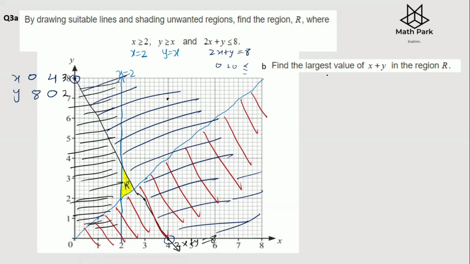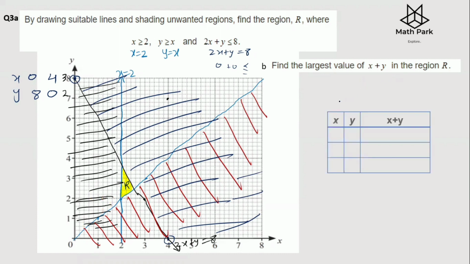Now you are asked to find the largest value of x plus y in region R. To find it, let us take the points at the corners on the boundary line, because the maximum and minimum are at the corners. The coordinates of these points are (2, 4), (2, 3) and (2, 2).